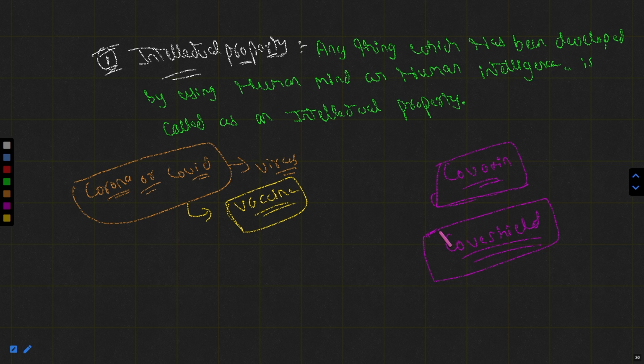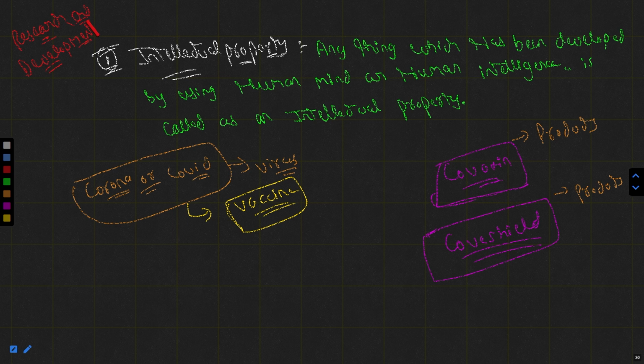So what are these? These are vaccinations, and these are basically products. These products were developed by Indian companies like Serum Institute and Bharat Pharmaceuticals. For this, they had to employ their research and development team, the human resource which they were holding.